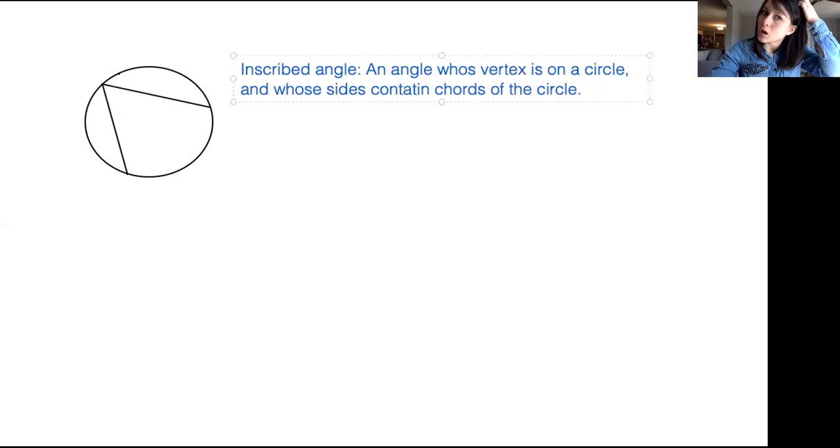Okay, so the sides of the angle are chords of a circle. The endpoints are on the edge of the circle.